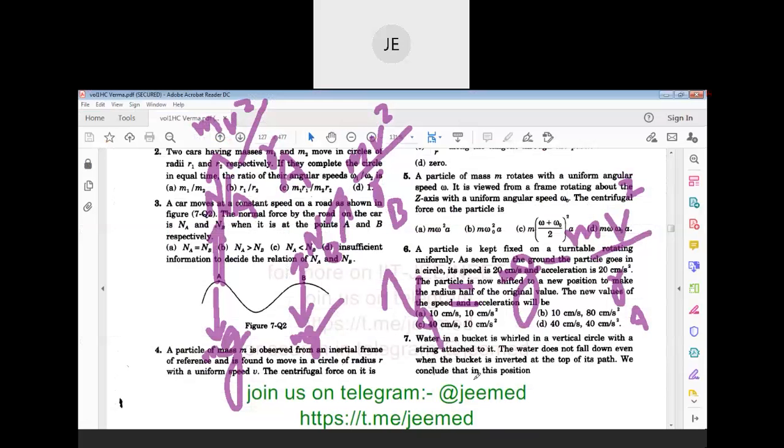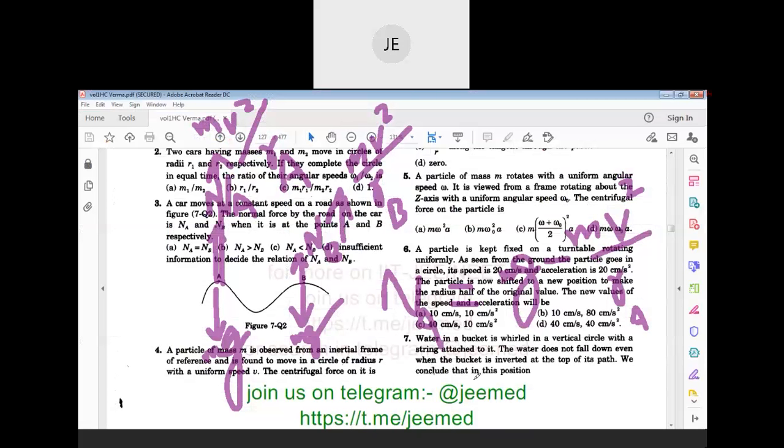So mg is the same in both equations, m is the same, v is the same. The only difference is RA and RB. If RA is more, the mv square by RA value is less, and mg minus mv square by RA is more. If RB is more, mv square by RB's value is less, and mg minus mv square by RB is less.